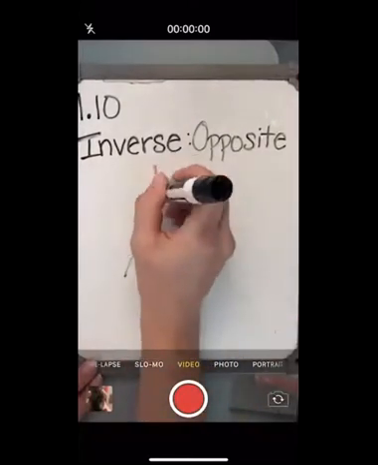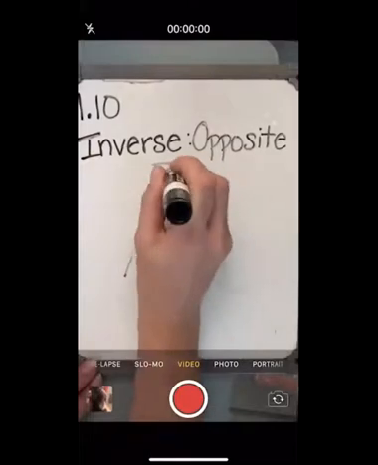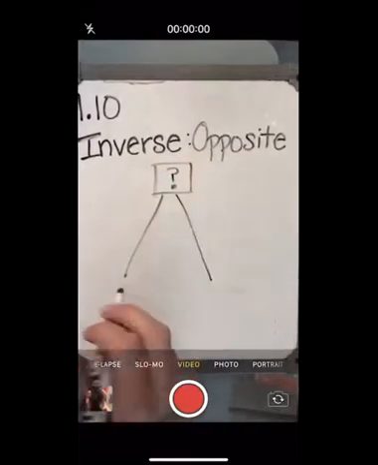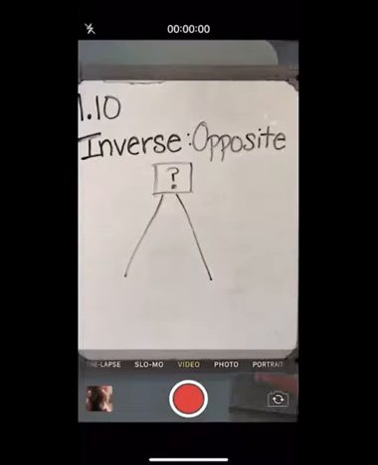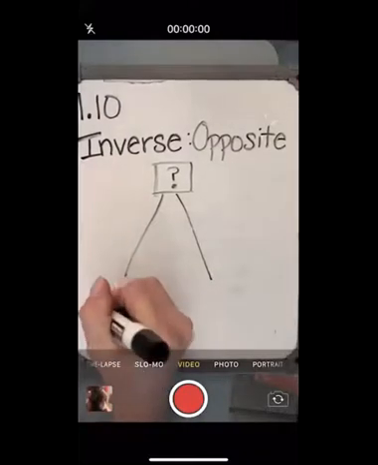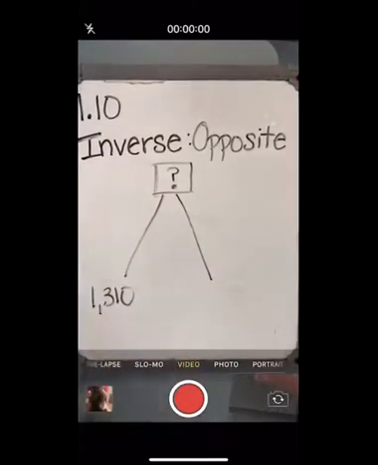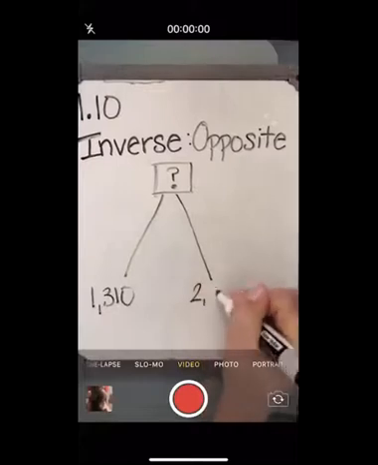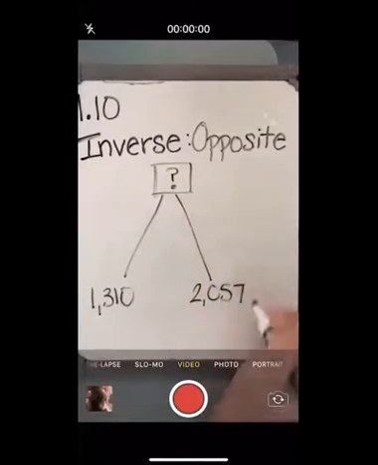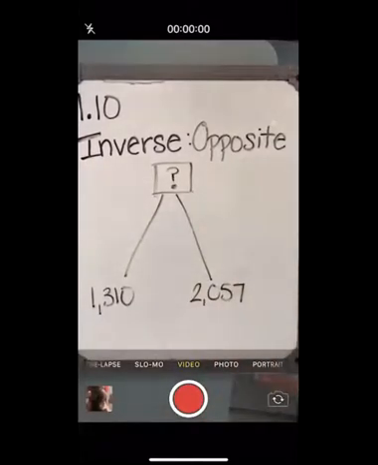So the first question for you today is, I'm going to leave this one as a question mark, as an unknown. So if I had 1,310 pennies in a jar and 2,057 nickels in a jar, and I asked you how many total coins are there, I want you to use this break apart drawing to try to solve this.